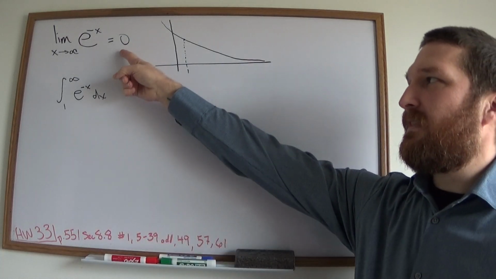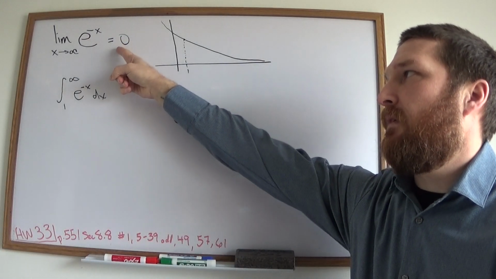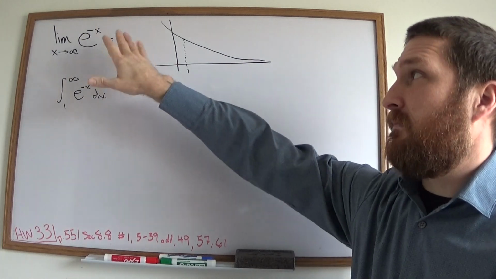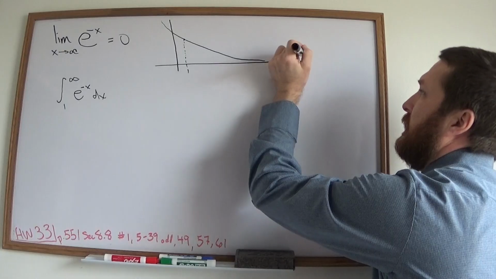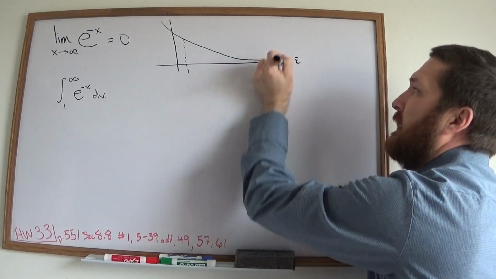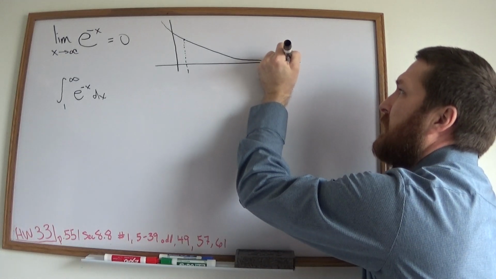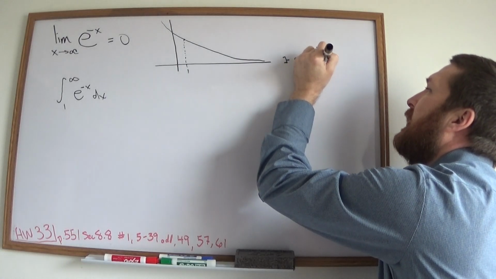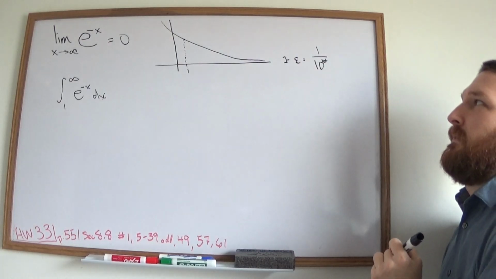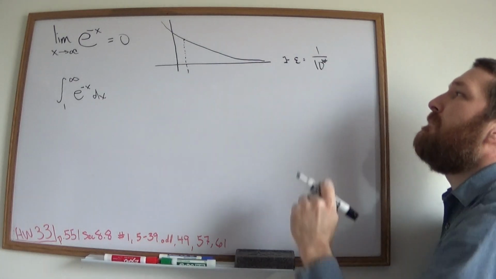Because let's think about what this means right here. This limit exists means that you give me any tolerance, epsilon, any tolerance, and that could be, let's say, 1 over 10 to the 6. Okay, so that's 10 to the million.